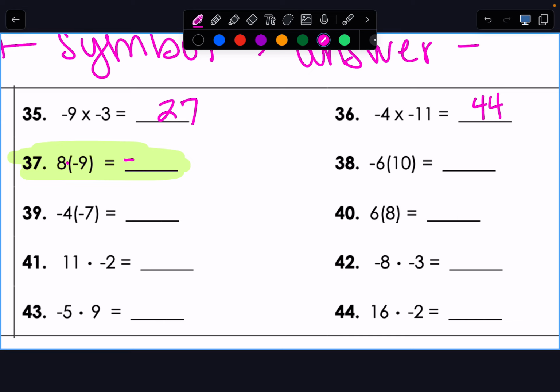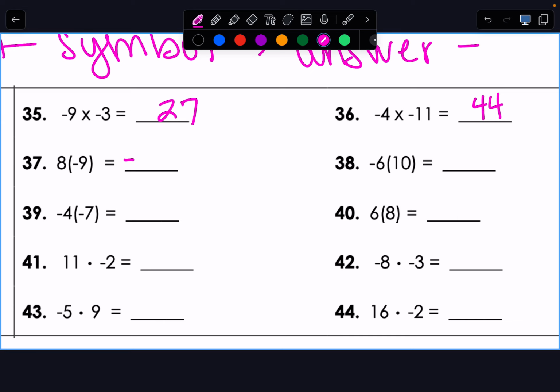Stephen says we're going to have a negative answer. Carly, why? Okay, so 8 is positive, 9 is negative. So if we're multiplying a negative times a positive, our answer is going to be negative.